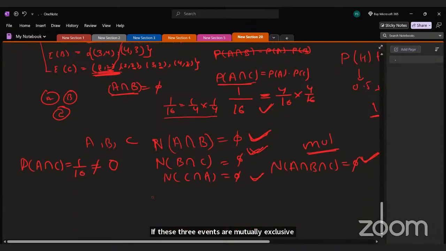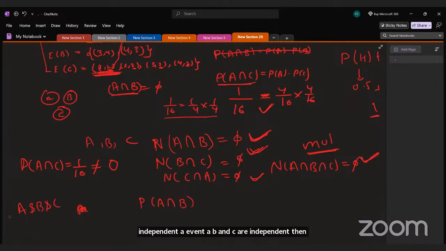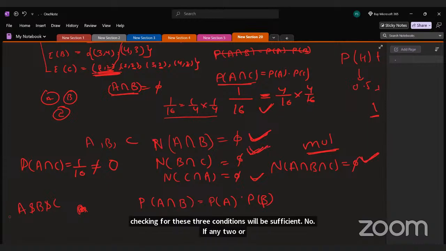Like you have studied about independent events: if events A, B, and C are independent, then all these conditions must hold. Checking these three conditions will be sufficient. If there is nothing common between any two, then there can't be anything common among the three also.